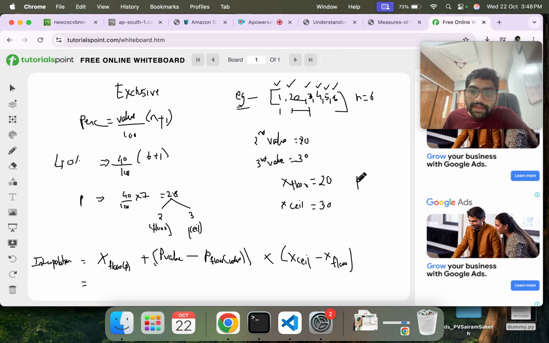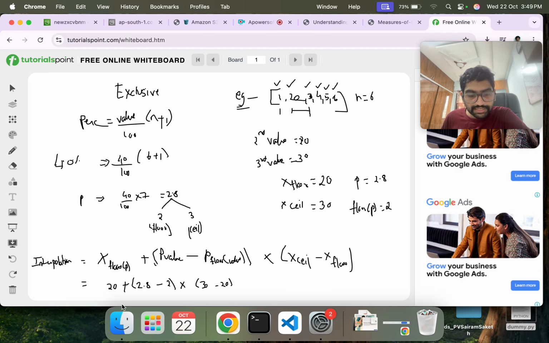So what is your p value? The p value you got is 2.8, correct? So what is the floor of p? If I say floor of p, 2.8 floor means the lowest value, so you'll take the value as 2. Now you'll substitute all of these values. x floor is 20. The p value you got is 2.8 minus the p floor value, which is 2, into x seal, which is 30, minus 20.